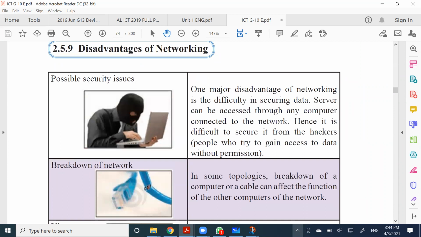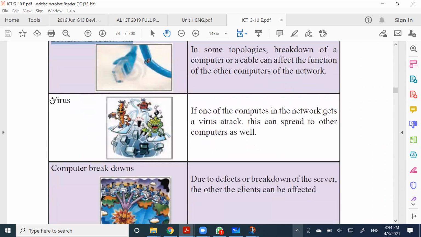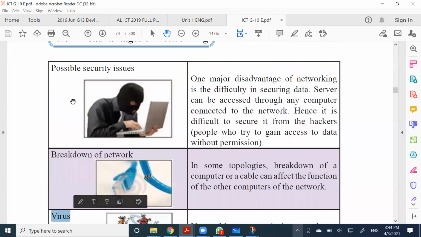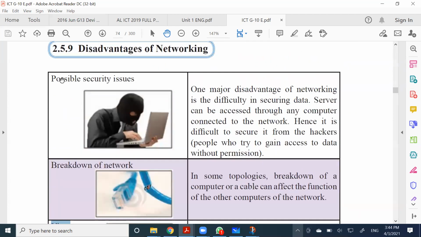Like we wrote previously, it's just the left-hand side topics that we are going to write. I'll read the things for you to write. First one is possible security issues.